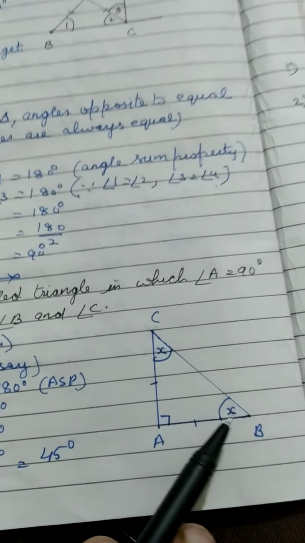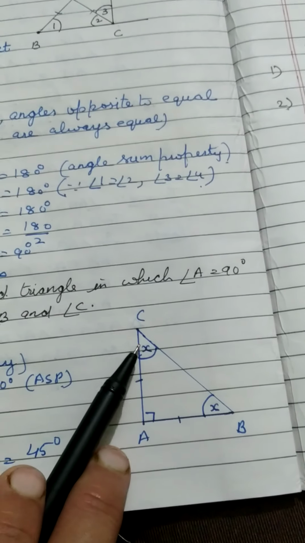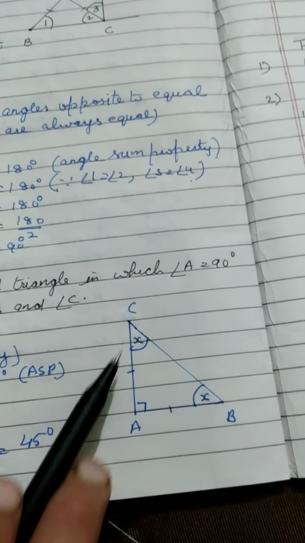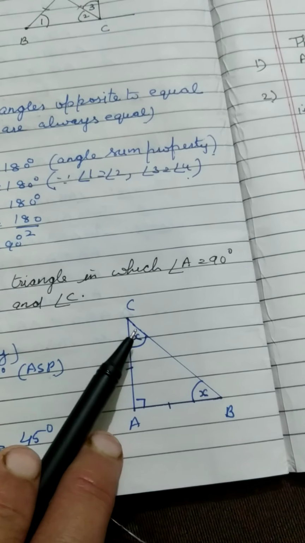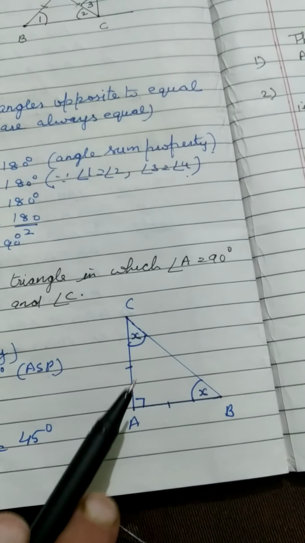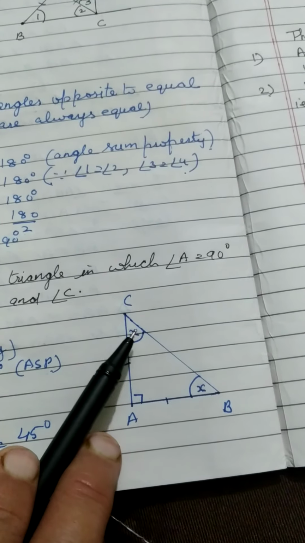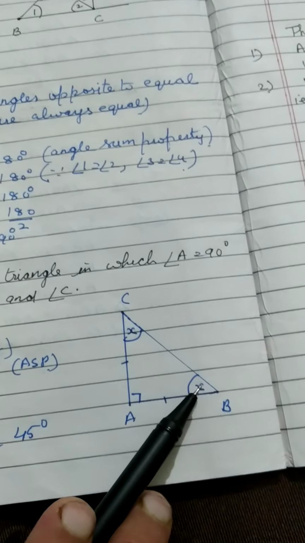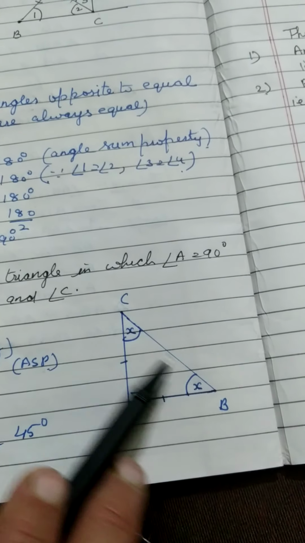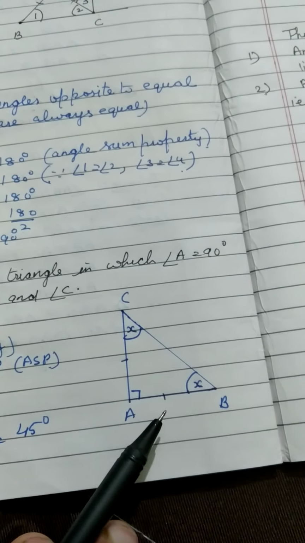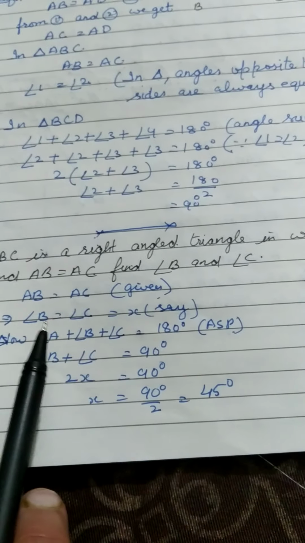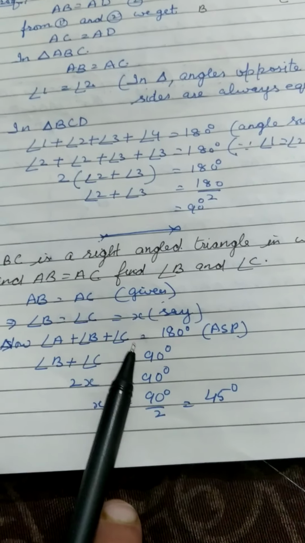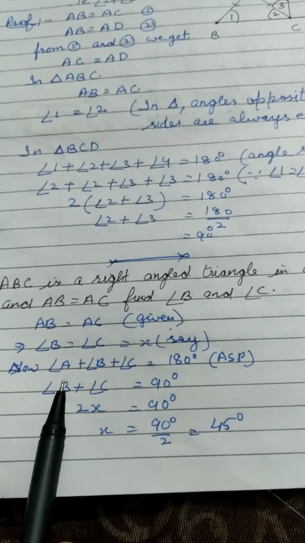We consider that angle B is equal to x and angle C is equal to x, because AB is equal to AC, therefore it is an isosceles triangle and two angles are equal. Angles opposite to equal sides are equal. Now x plus x plus 90 is equal to 180 because of the angle sum property: angle A plus angle B plus angle C is equal to 180.